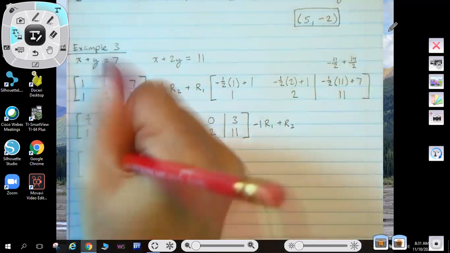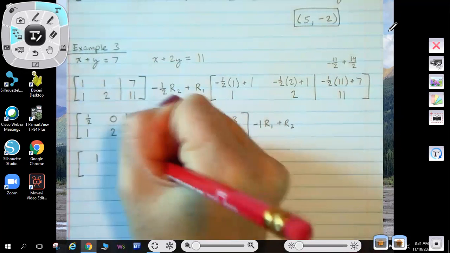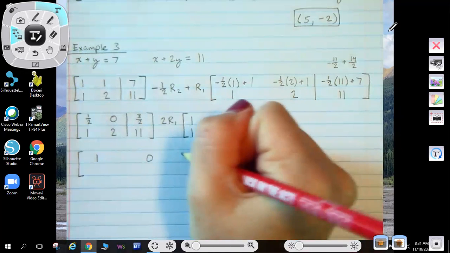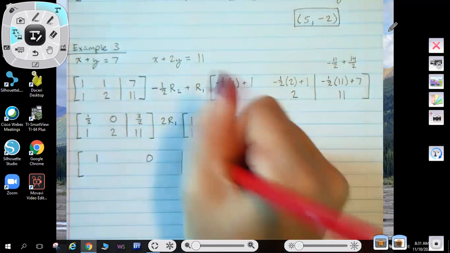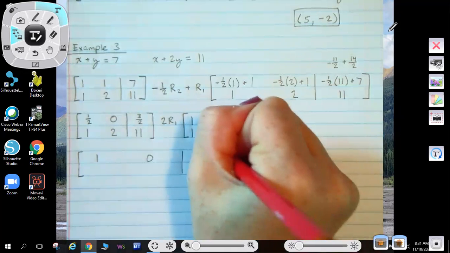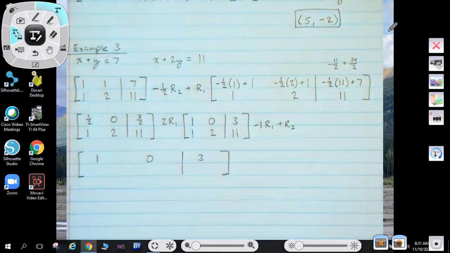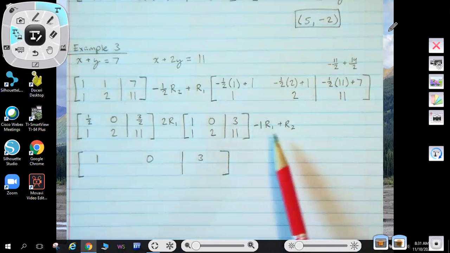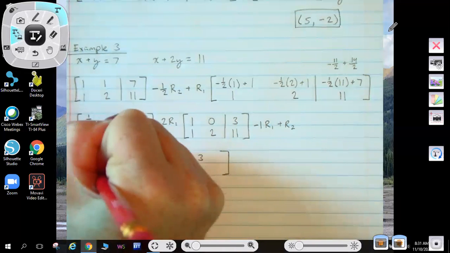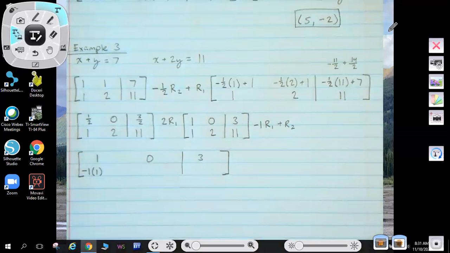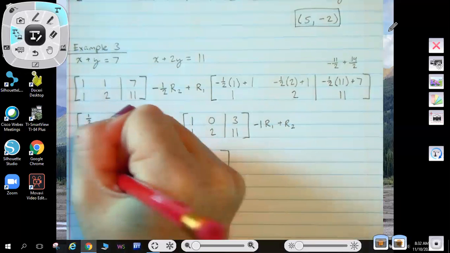I'm going to space out my first row because it's not changing, but I know my second row is going to be a little bit bigger this time since we're doing some math. So first row didn't change, 1, 0, and 3. Now we use this formula to help us change the second row. So -1 times row 1, which in the first spot is 1, plus row 2, which was 1.